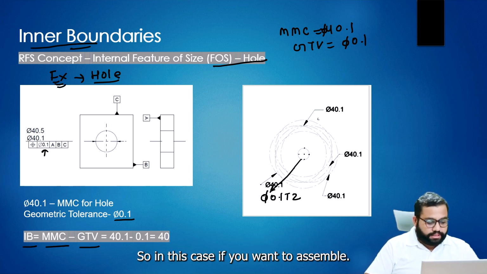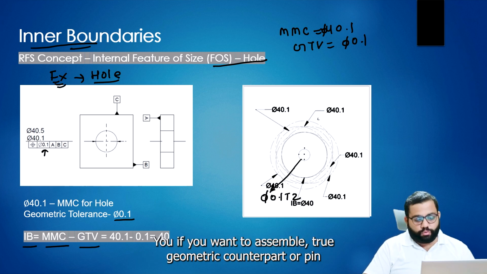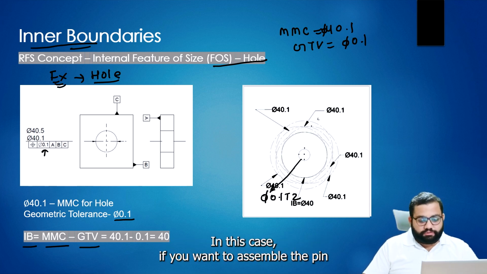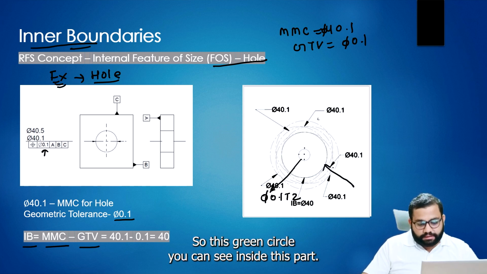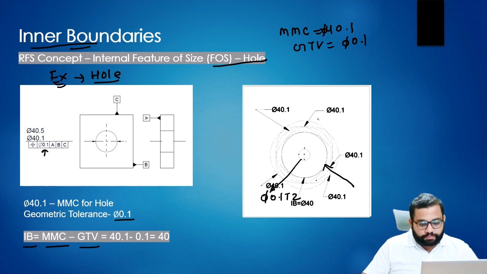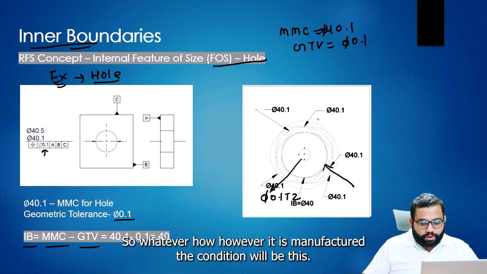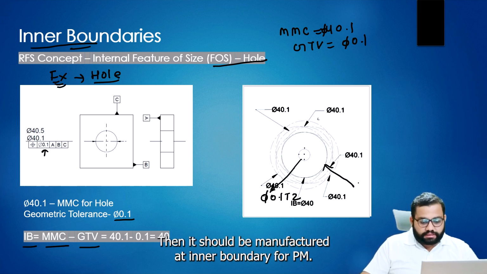If you want to assemble a true geometric counterpart, or pin, it will be the smallest size. You can see this green circle inside the part. However it is manufactured, the condition will be that the inner boundary is 40 mm.